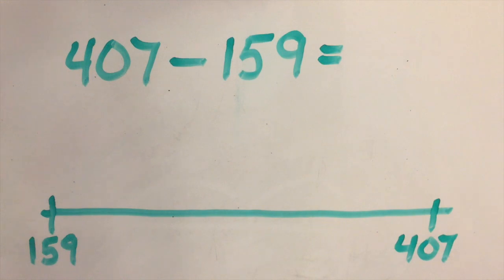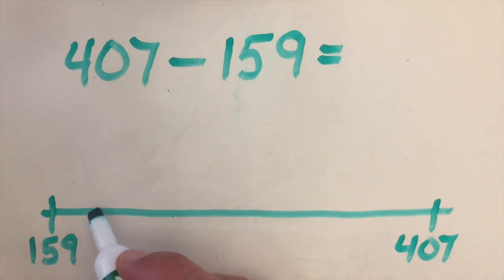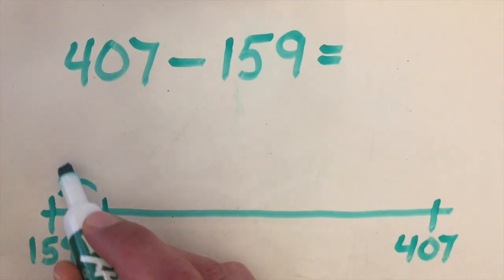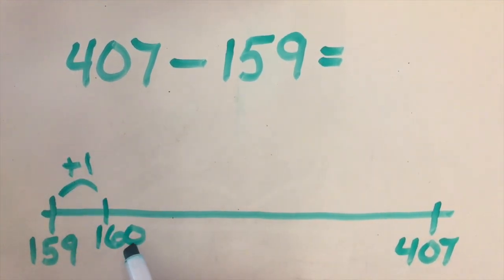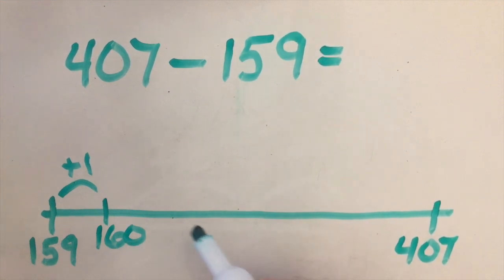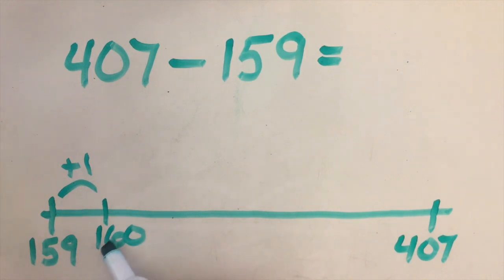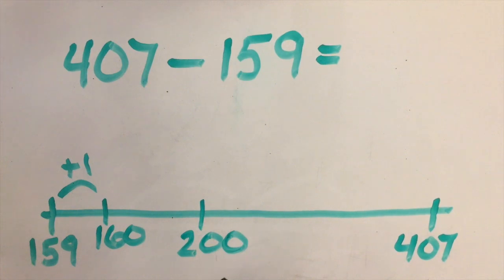Again, we want to use those compatible numbers. So the first number I would jump to is going to be 160. That's a +1. Now I'm going to think of either a multiple of 10 or a 100. So in this case, I'm going to go from 160 to 200.